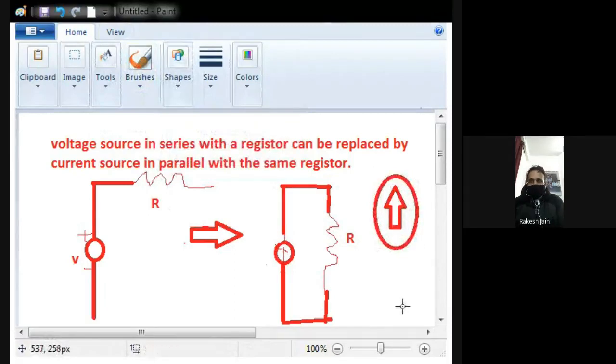So what is the value of this current source?